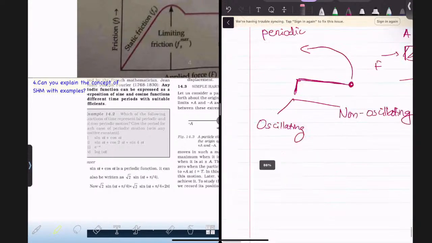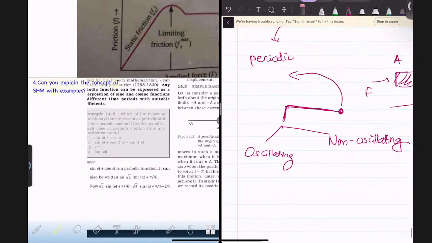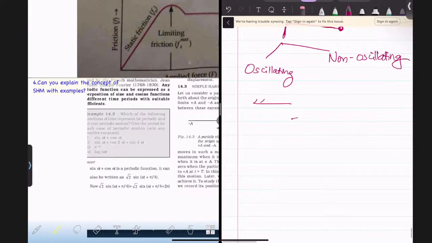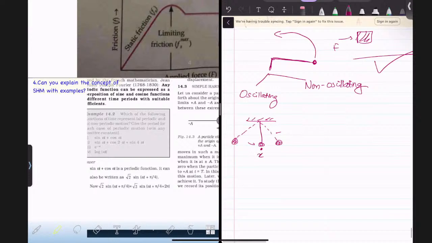Oscillating का example क्या होगा? अगर for example यहाँ पे एक पेंडुलम है, पेंडुलम को यहाँ पे क्या फोर्स दिए, तो it will repeat its motion around a point x. If you take this point as x, it will repeat its motion around the point x. This is known as an oscillating motion. Oscillating motion में ही SHM आता है. SHM comes under oscillating motion.